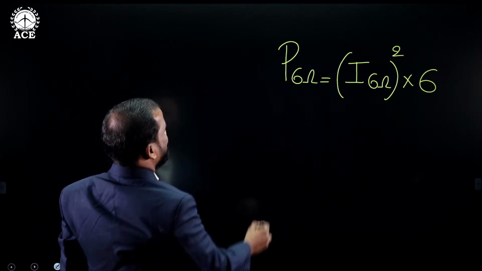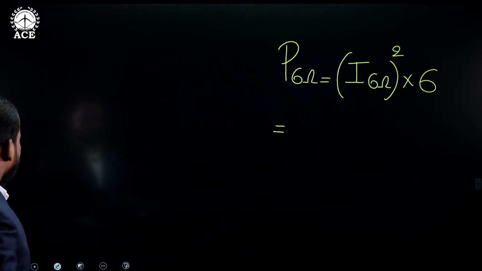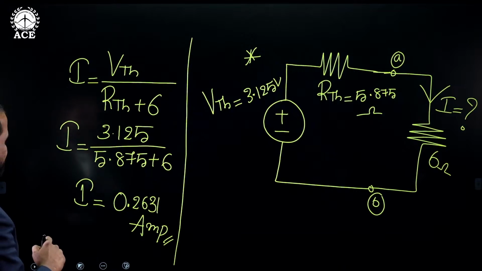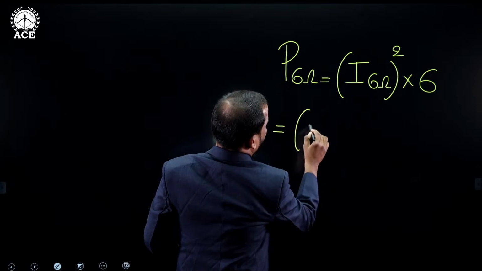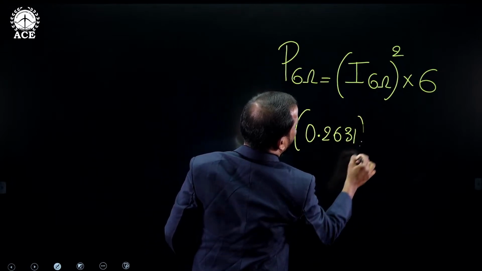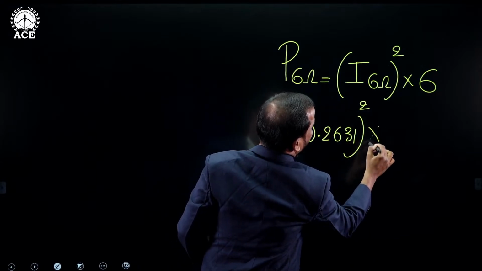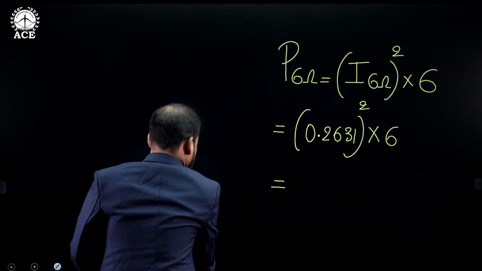Now, what is the value of current flowing through the 6 ohm resistance? 0.2631. So 0.2631 whole square into 6, use a calculator and find the value.